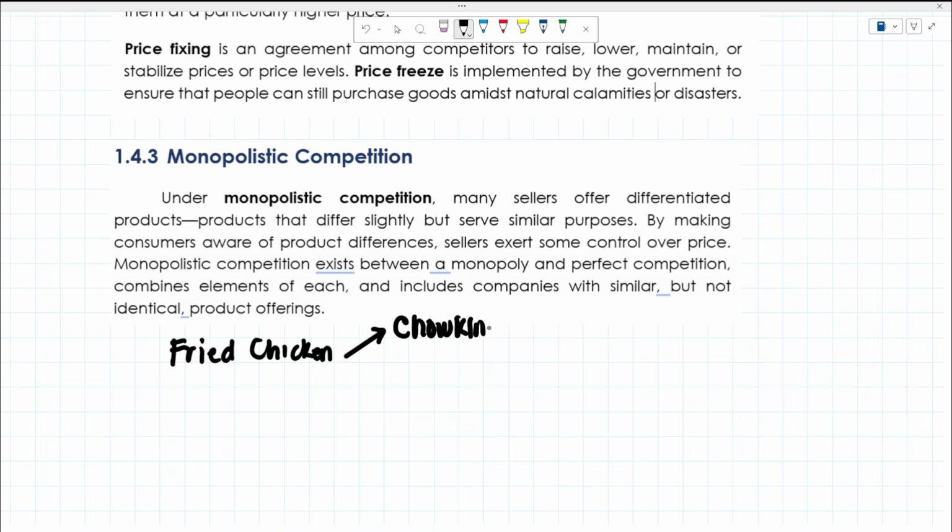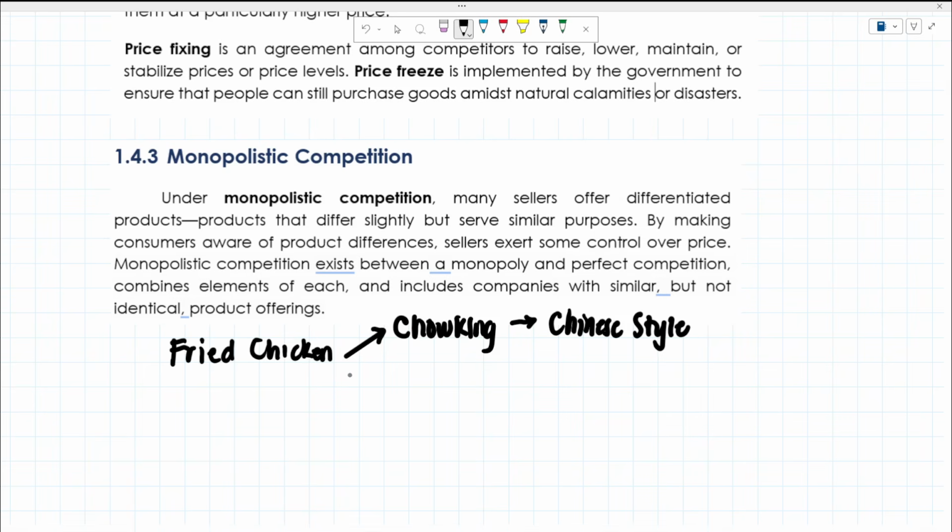How does Chowking make fried chicken their own? So they brand it as Chinese style. They have their own taglines. I'm not really familiar with one, but I think Kim Chu is an endorser of Chowking. Chinese style, sarap, parang ganun.